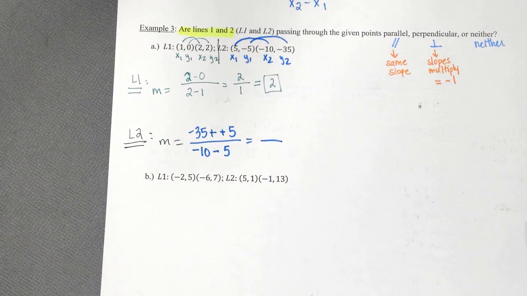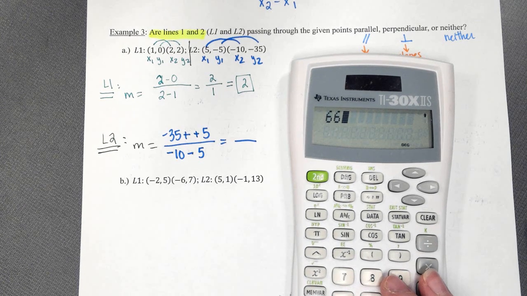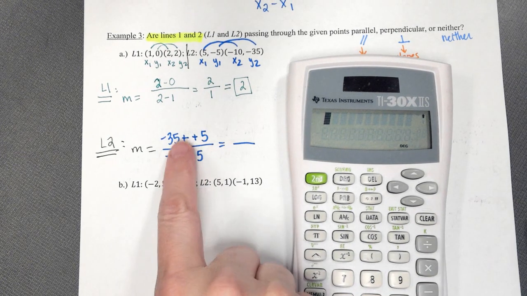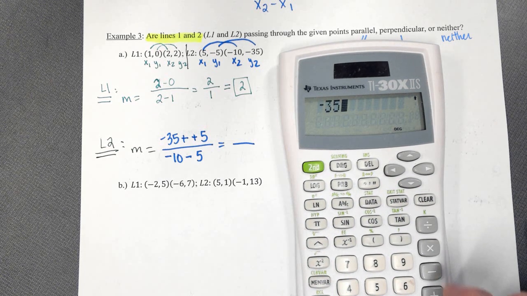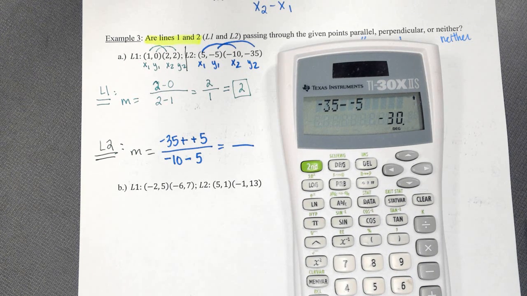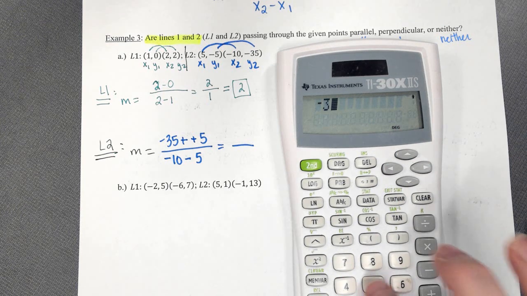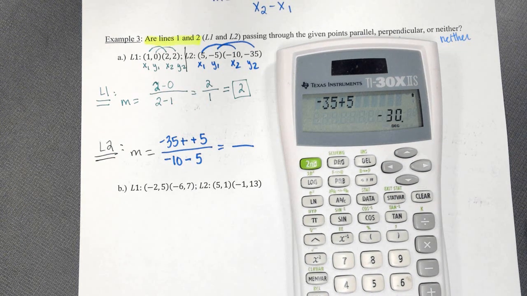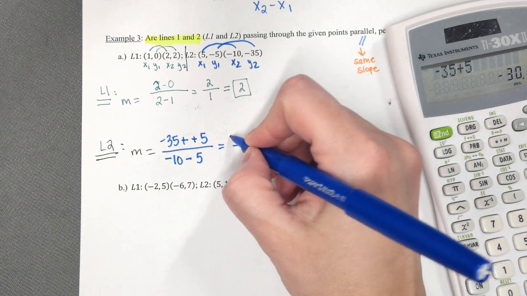Now, if you're ever unsure about whether the negative turns into a plus, you can always do 35 minus negative 5, and it's going to give you the same value if you do this. Okay, so we have negative 30.